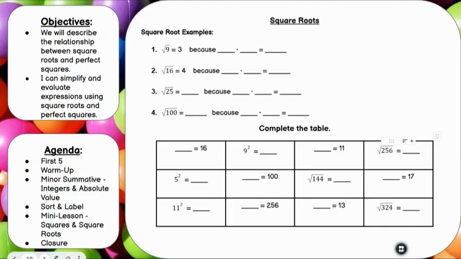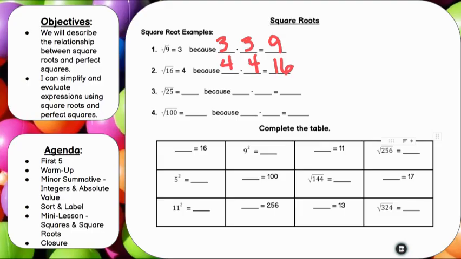So looking at that first one, what's the square root of 9? Well, it's 3. And the reason why is because 3 times 3 equals 9. What's the square root of 16? 4. Because 4 times 4 would give us 16. What's the square root of 25?